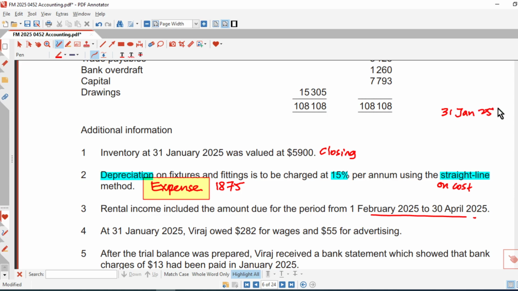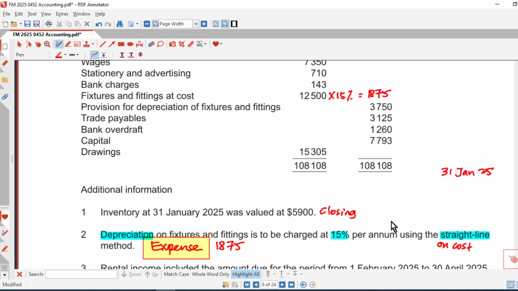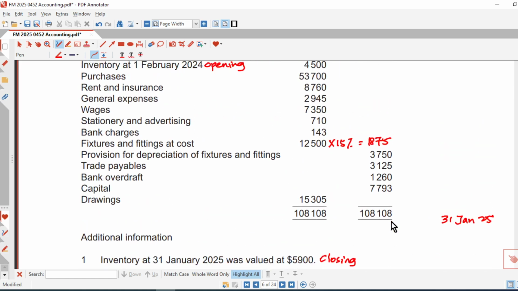That means we have received prepaid income. We have not earned the rent yet, but we received it in advance. So February, March, April, there are going to be 3 months there.